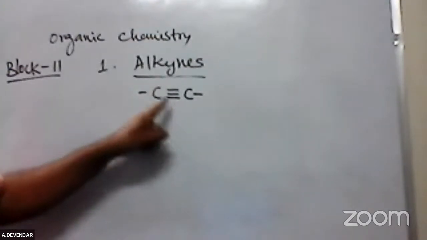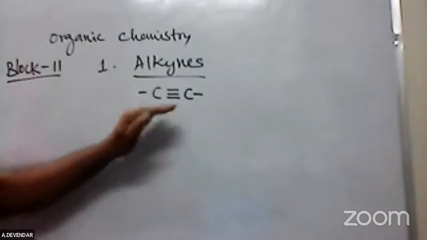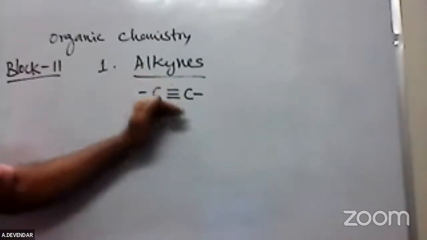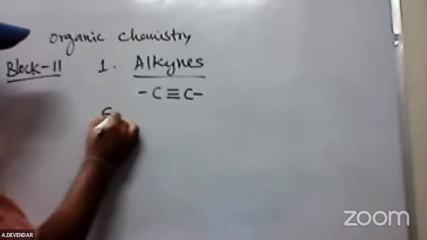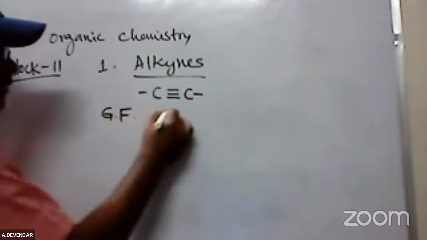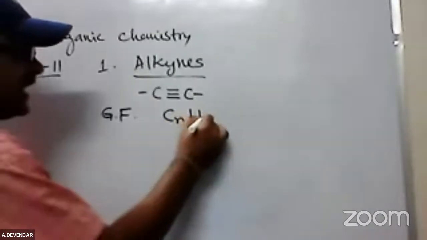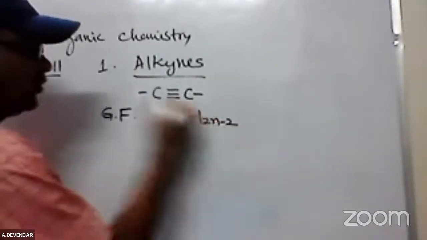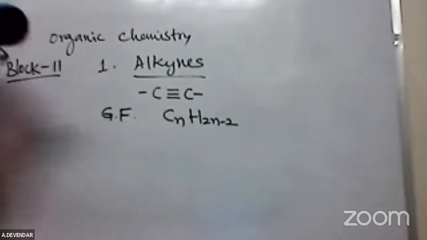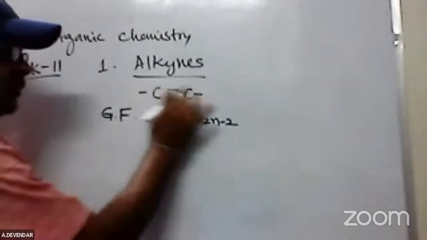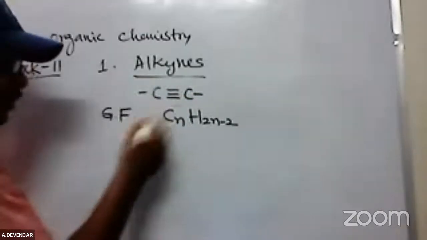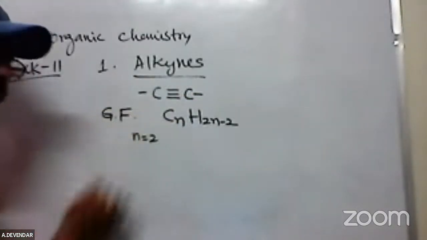In this triple bond, we elaborate how to get the remaining members of the alkyne series, that is, the general formula of alkynes. The general formula of alkynes is CnH2n-2. Now the minimum n is 2 only. Why? Because there is a triple bond between 2 carbon atoms, so n must be 2 only, not 1.